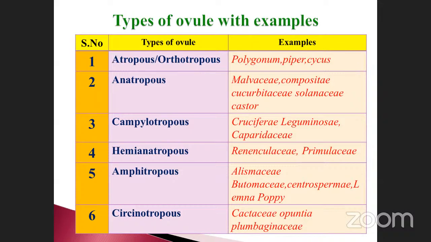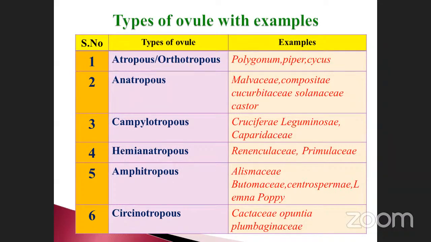Orthotropous: examples are Polygonum, Piper, and also Cycas. Anatropous: Malvaceae, Compositae, Cucurbitaceae, Solanaceae, and castor.